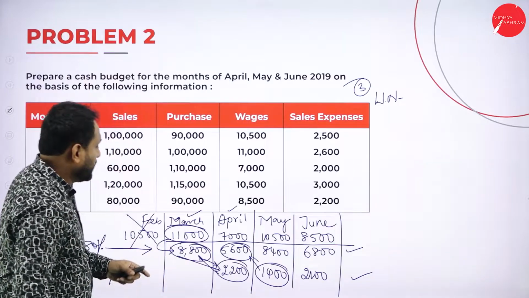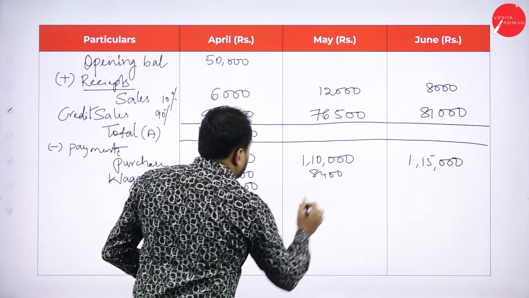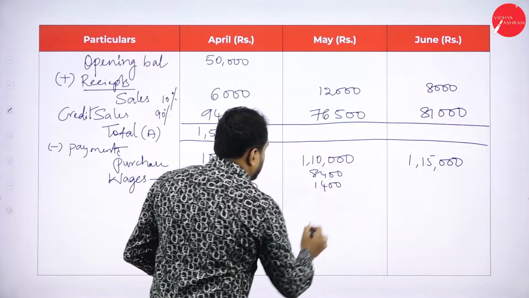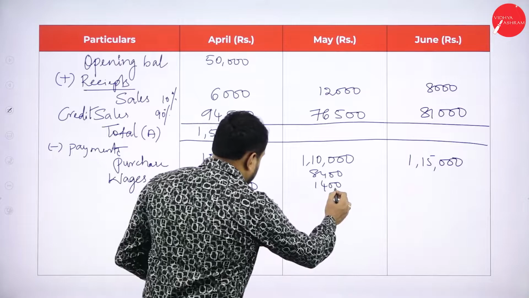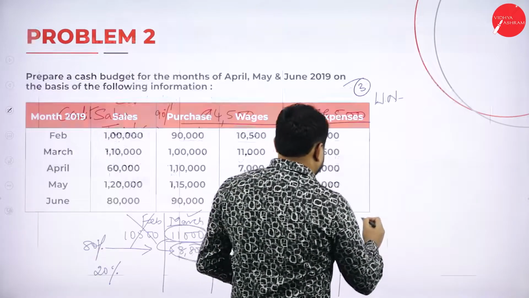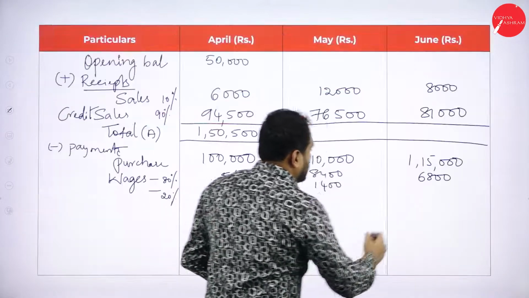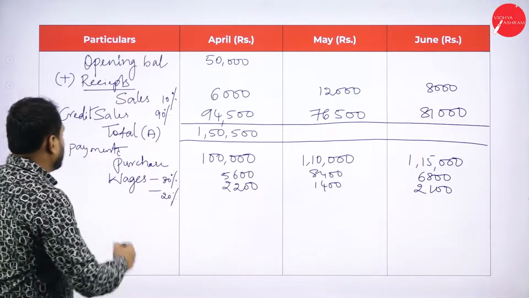Next we have May: 8,400 and here 1,400. Let's go with 1,400. Then we have 6,800 and then we have 2,100. Let's go with these. So this is the wages.